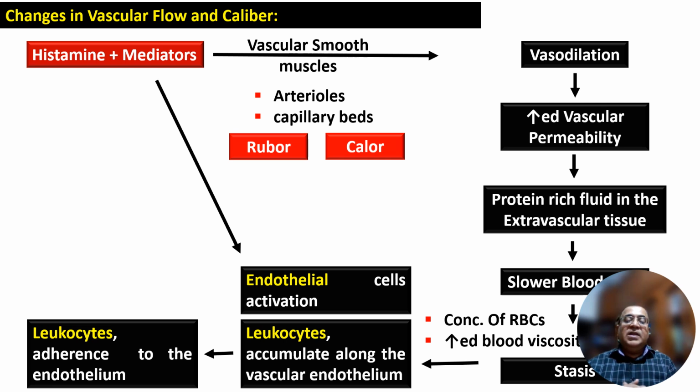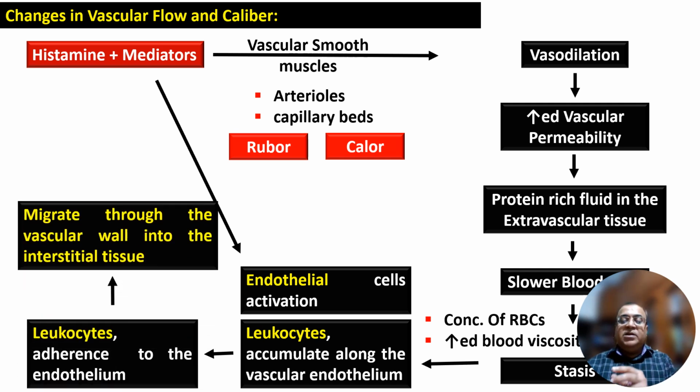After the activation, they adhere to the endothelial cells, and finally they migrate through the vascular wall into the interstitial tissue or the site where the inflammatory process is going on due to an infective or insulting agent.